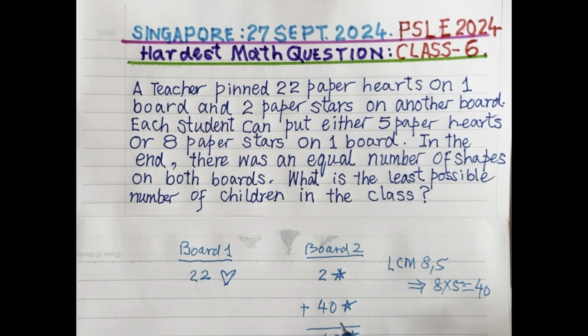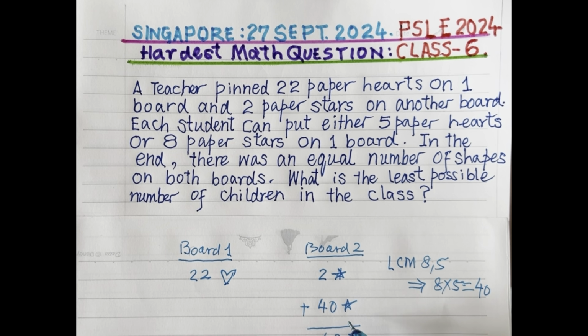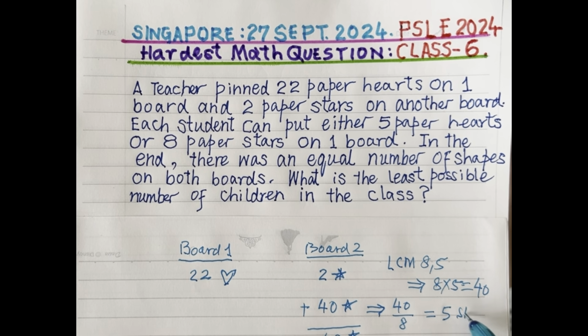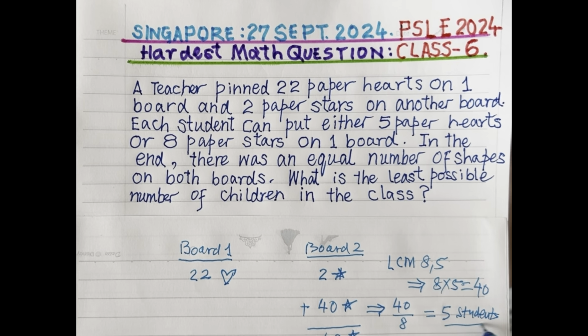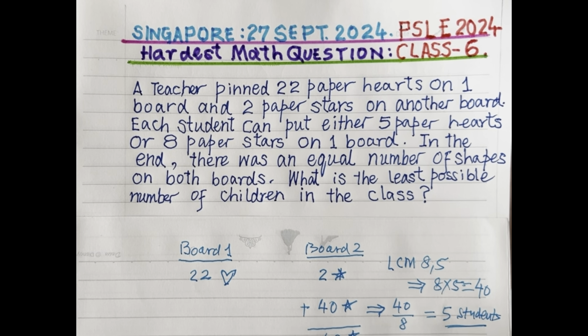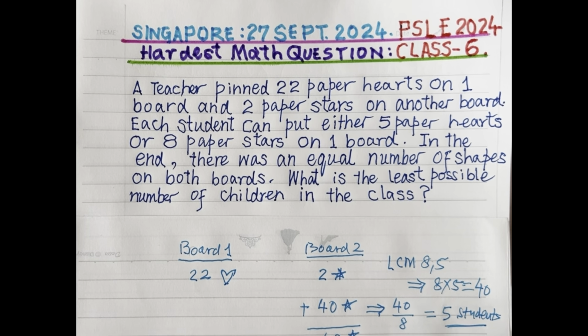And to pin 40 paper stars on board 2, the least number of students required will be 40 over 8. So this makes 5 students. We need a minimum of 5 students to pin 40 paper stars on board 2.